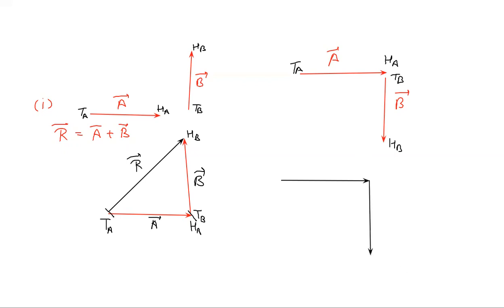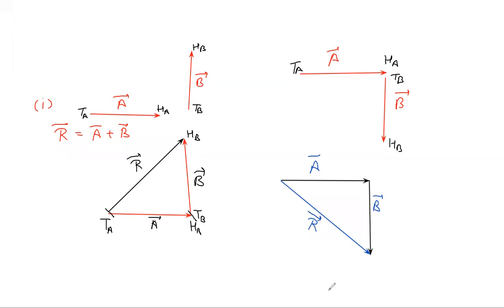Okay, so what is the resultant? The resultant direction goes from the tail of A to the head of B. So this is the resultant. So A vector and B vector, and this is the vector R.